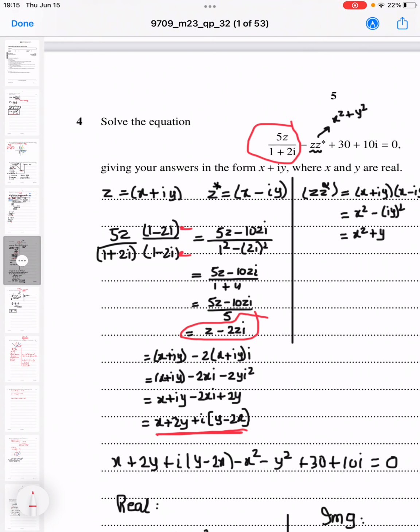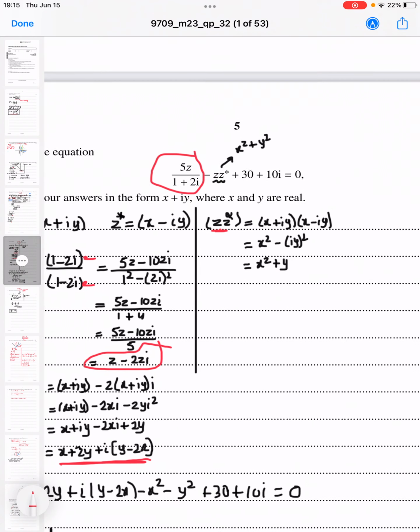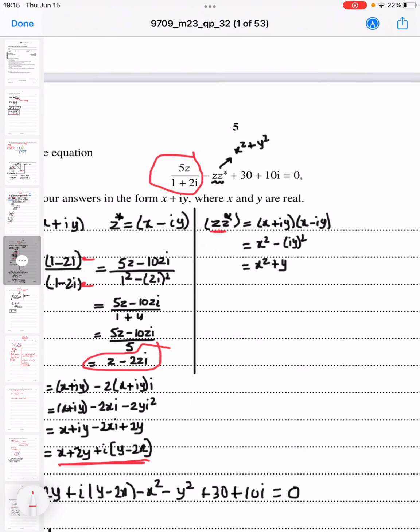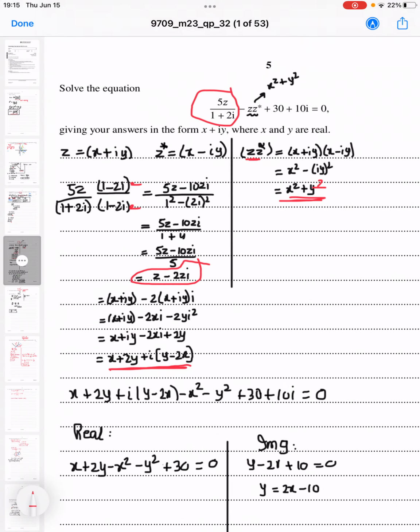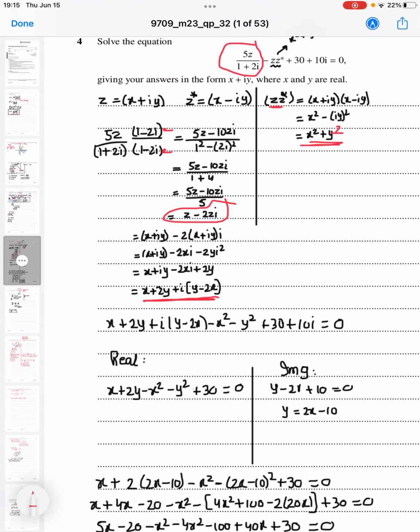Now for z and z's conjugate, we could just multiply them, x plus iy and x minus iy, and that would give us x squared plus y squared. And just plug in the values, so this would give us this final expression.